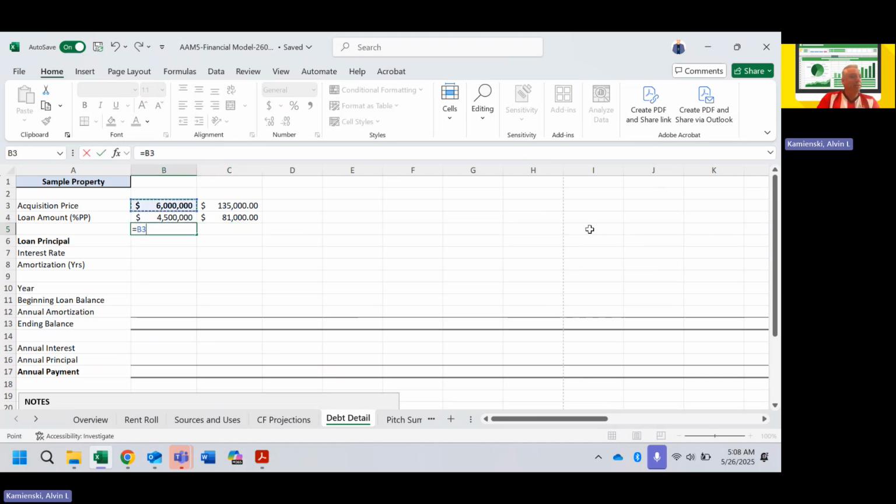If you're going to buy something for minimum 6 million and the bank's going to give you 4.5 million, that means I need to find $1.5 million from investors. Where over here on the lake property, if I pay 135, I'm going to need to come up with $54,000 from investors. And if he's able to push me all the way up to 200,000, look what that does. Now I have to raise $80,000 instead of $50,000.